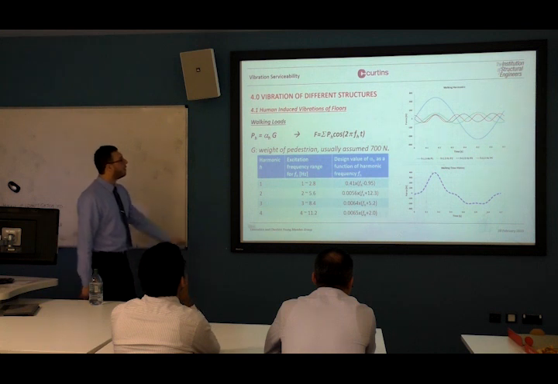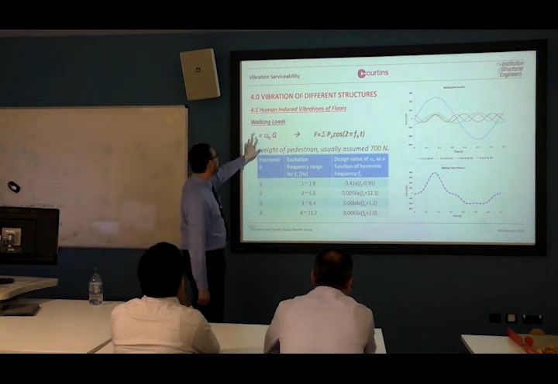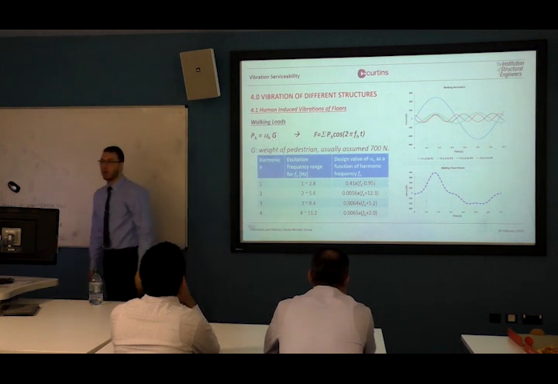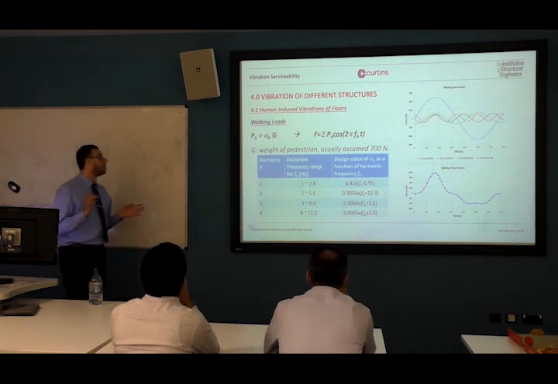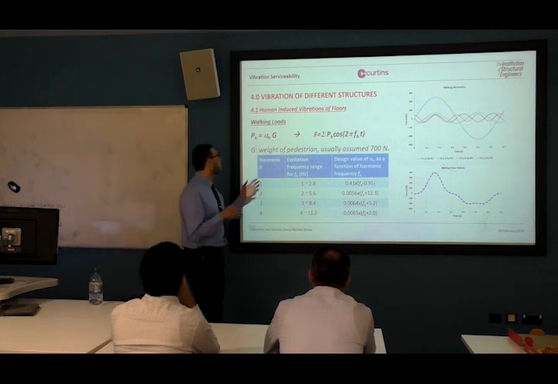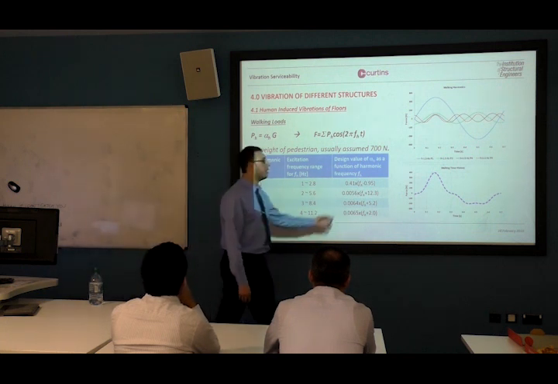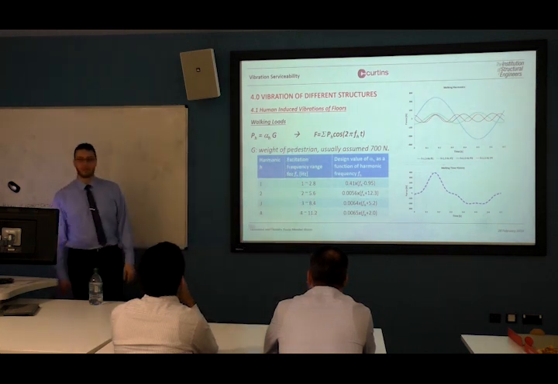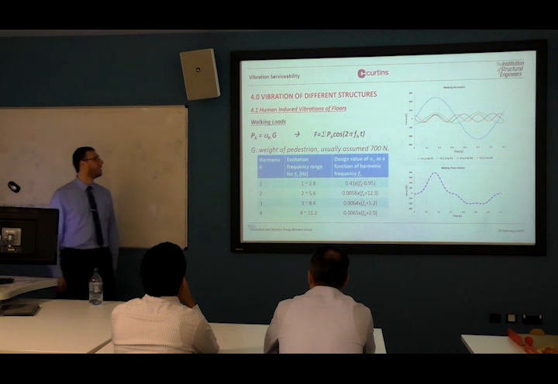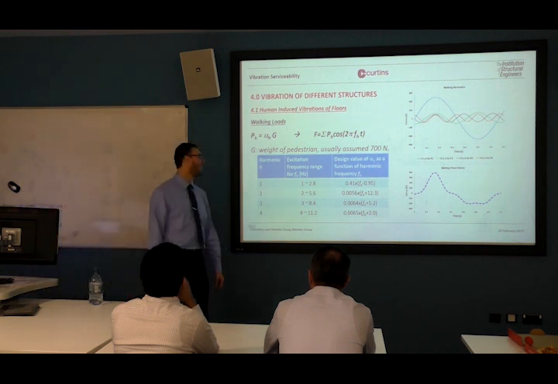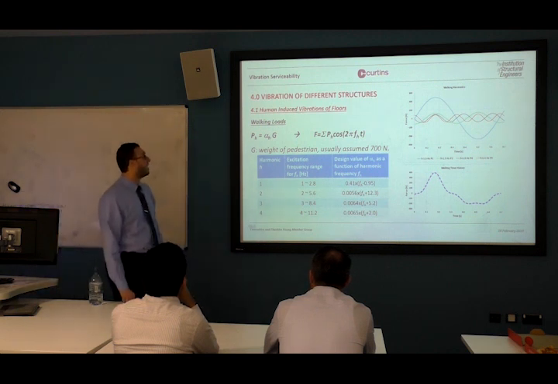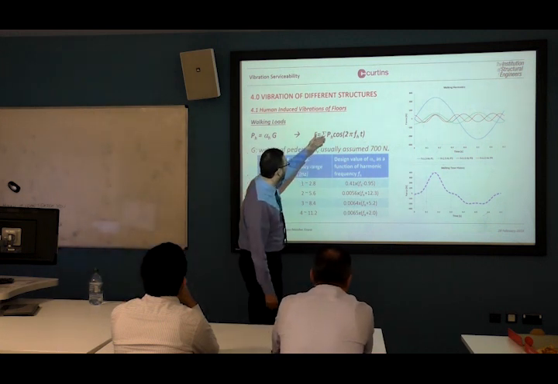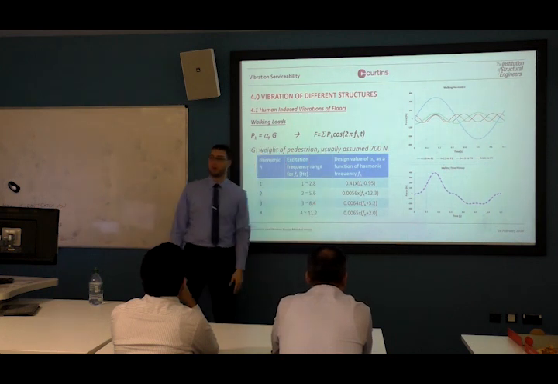So the amplitude is given as a factor of the weight of the person walking, and on average, the weight of any person walking is about 700 Newtons, about 70 kilograms. It's fair enough. It's all right. Yeah, with diet. Yeah. So the total load is the sum of all these frequencies.